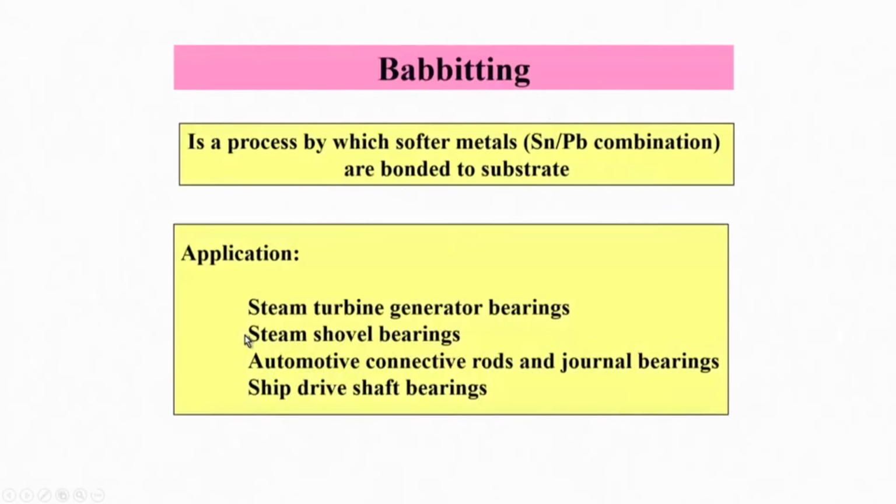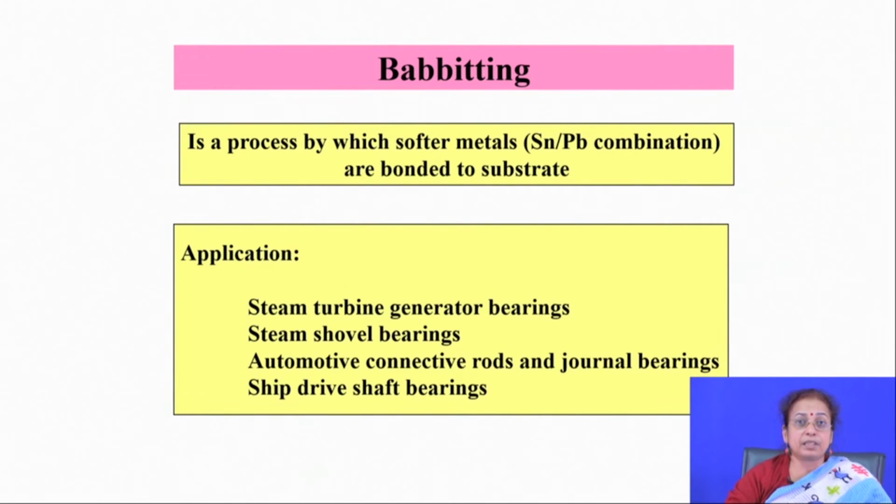So, next I will discuss the babbitting technique, which is nothing but again a tin based alloy. There are different babbitting alloys which are applied, but the basic purpose of babbitting is not really to improve the corrosion resistance, because usually you use lead in this tin alloy, and when lead is present naturally it is not as non toxic as pure tin, and its corrosion resistance also decreases to a little extent.